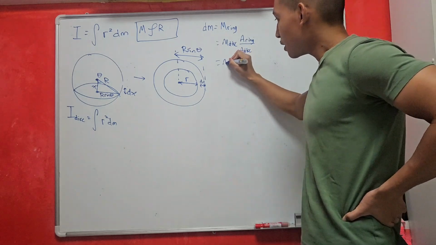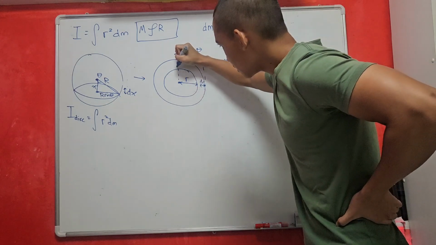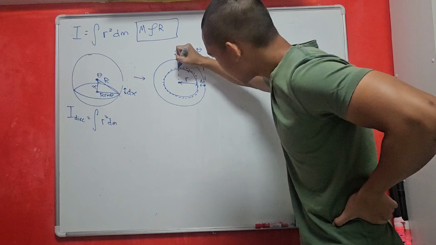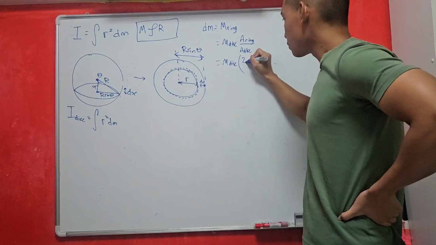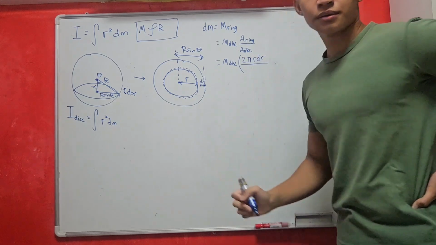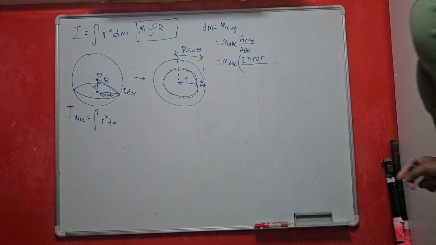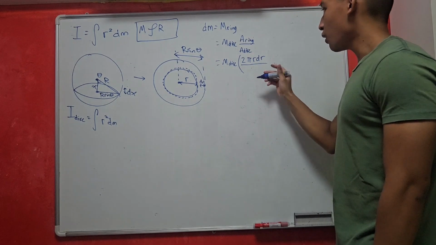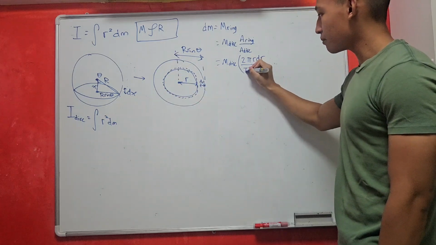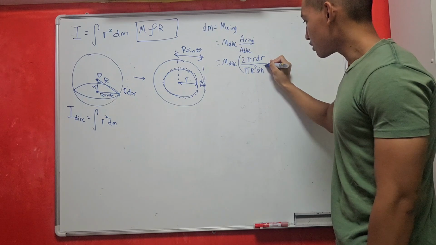Now, let's continue. M disk, area of a ring. If you were to imagine, the area of a ring is this right here. So it's just the circumference, which is 2 pi r, times the thickness, which is dr, over the surface area of this whole disk, which is pi r squared sine squared theta.